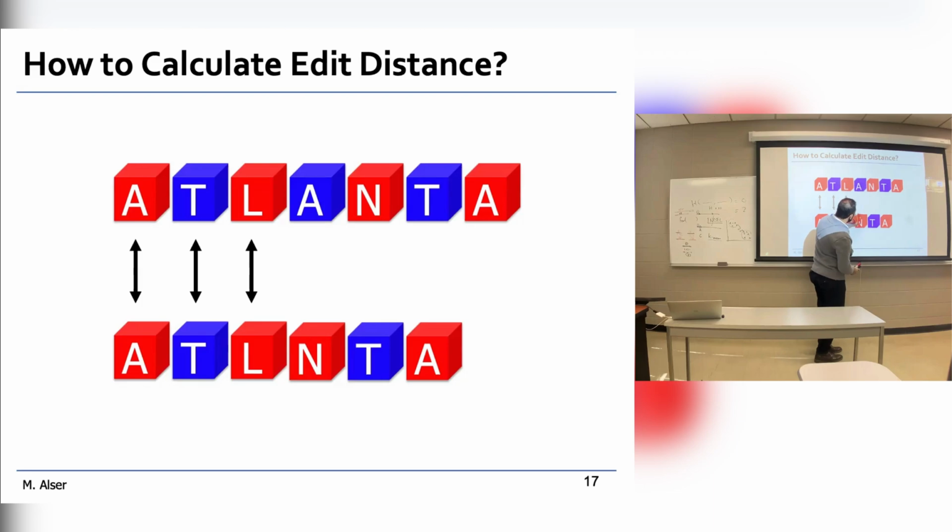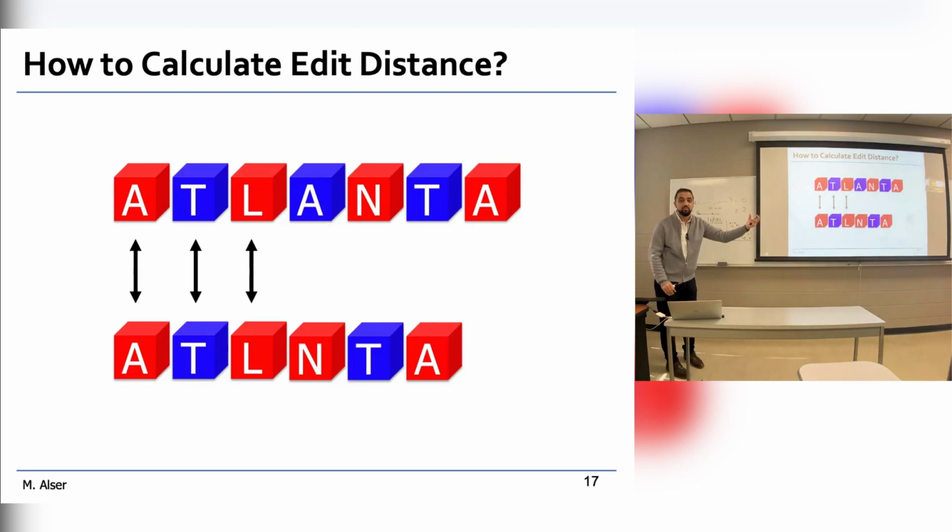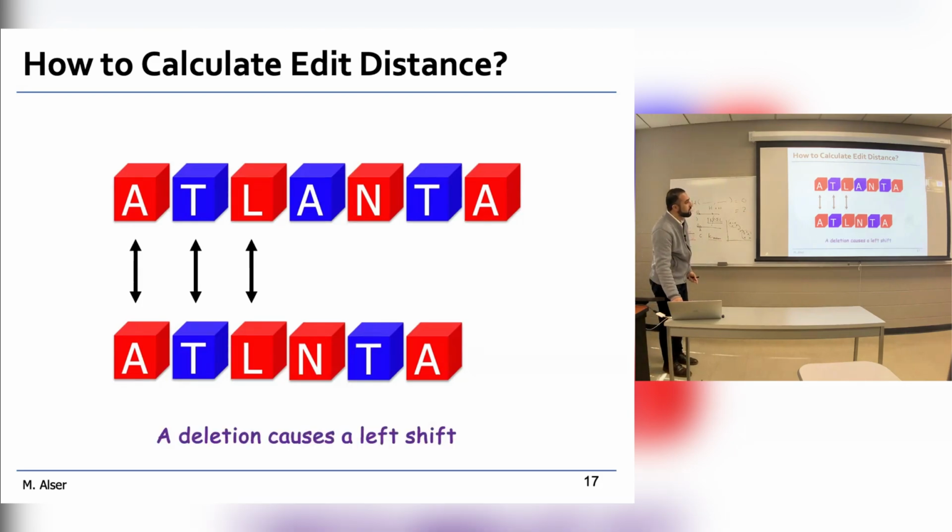So remember, there is one character deleted from here. So all the trailing characters get shifted to the right, right? So the deletion caused all the trailing characters to be shifted by one place. If we have two deletions, it will be shifted by two places. And when we compare, you will see the comparison is also shifted.